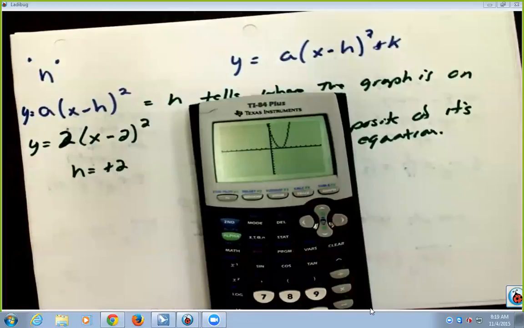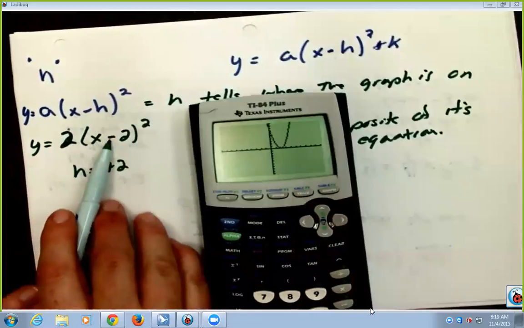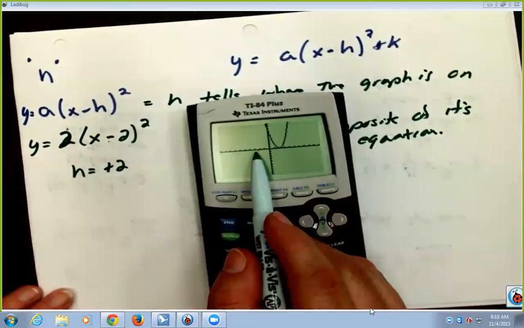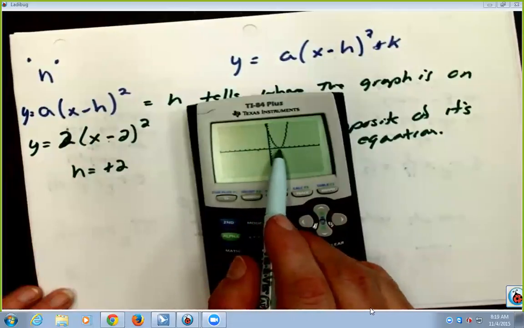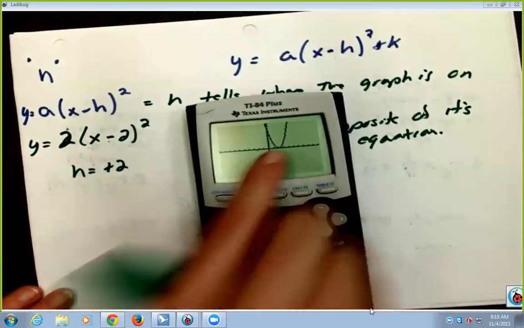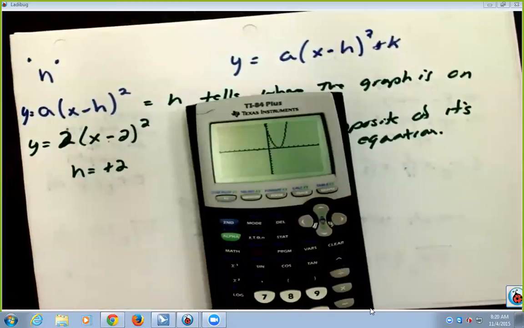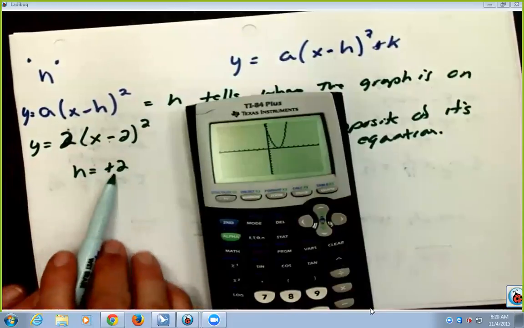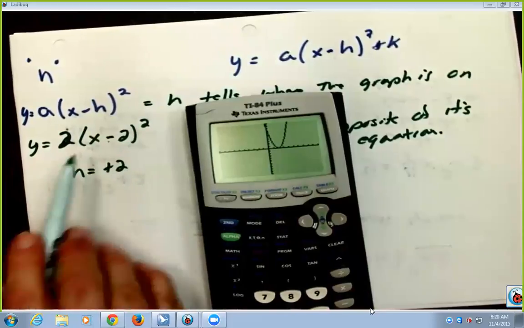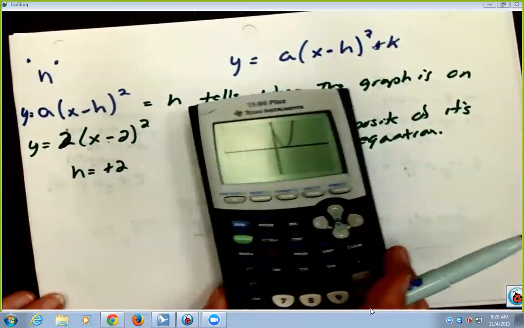What it told me in my equation, it makes it look like it should be over here at 2, but it's not. It's over a positive 2. So it shifts it over, and so it moves it along that x-axis piece. So it's going to move it from one side over to the other side. And so my h is going to equal a positive 2 instead of that subtracted 2 in there.